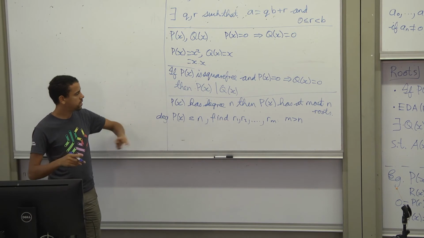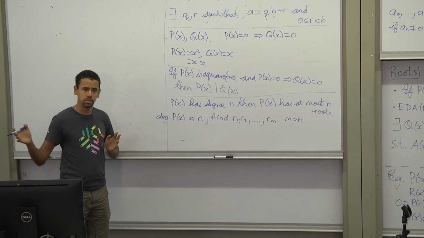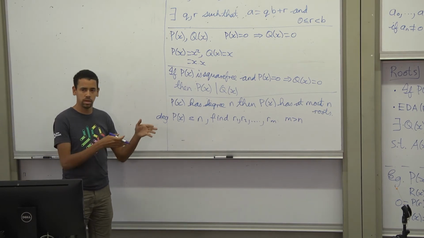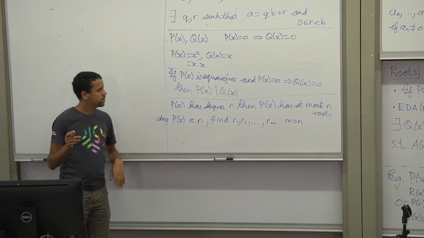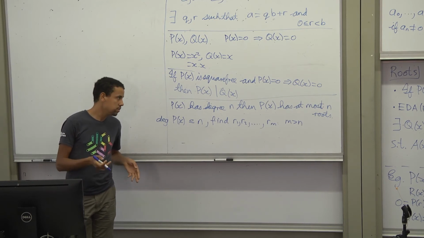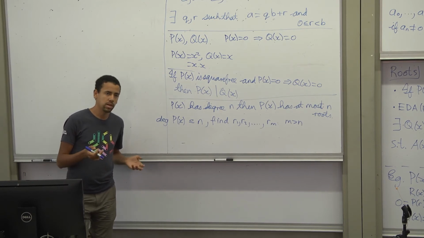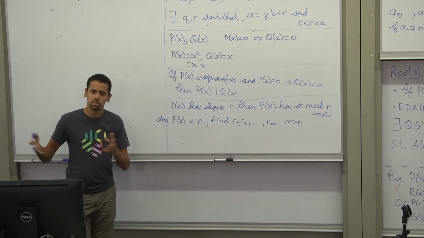So in terms of degree, the zero polynomial is almost a special case because it has infinitely many roots, because it's always 0 no matter what you put into it. Some people would say the zero polynomial has degree 0. Some people would say it has degree infinity or negative infinity, depending on how you order things.